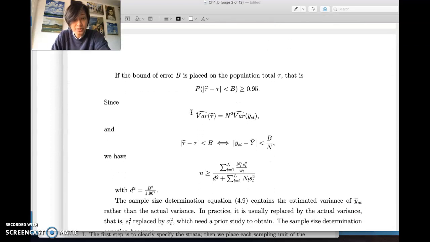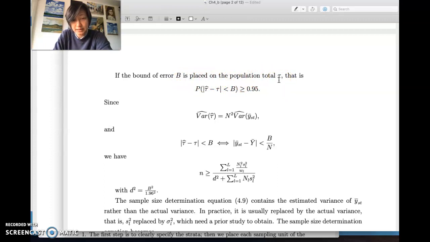Next, we'll move on very quickly to the bound of error placed on the population total. Let's say we were asked to estimate the total tau under stratified random sampling, and then determine the sample size given a bound of error on the population total.